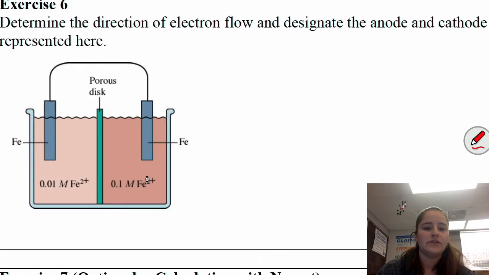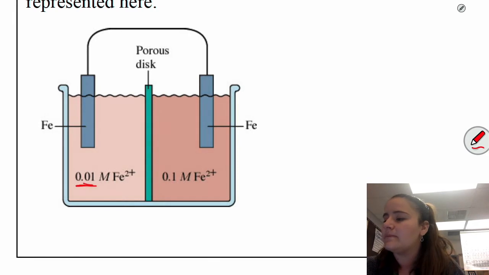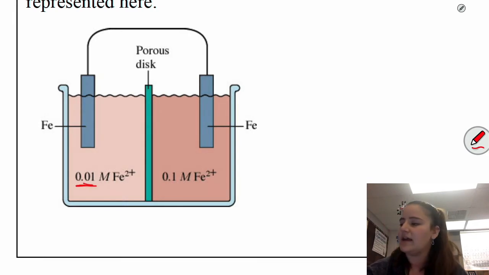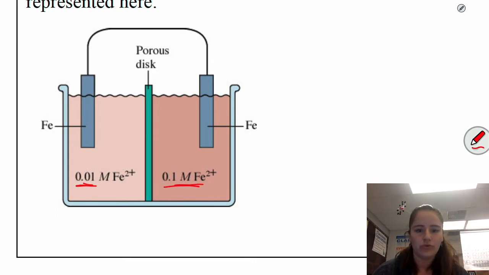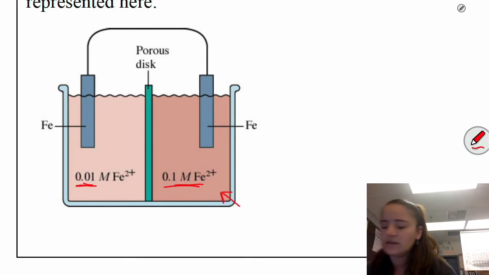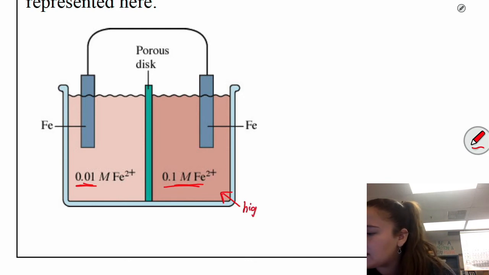Okay. So I'm going to zoom in on it. Okay, so right now we have 0.1 molar Fe2+ on this side and a different concentration on the right side. So where does it want to remove ions from to make these equal out? Well, it wants to remove ions from here. Okay, this one has the higher concentration.